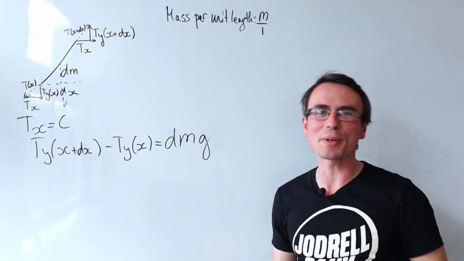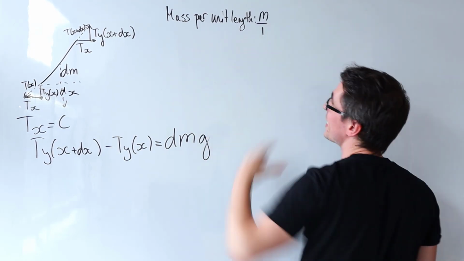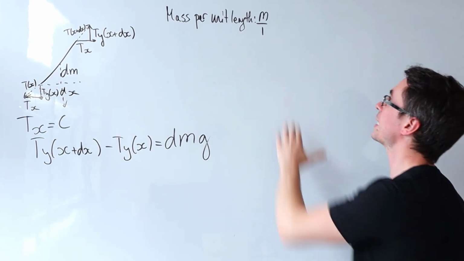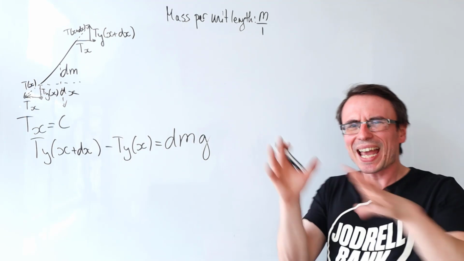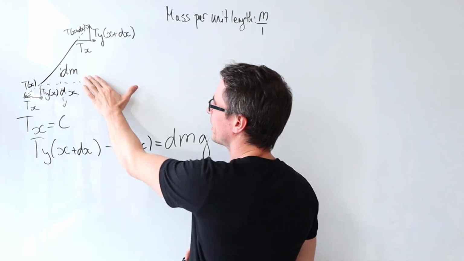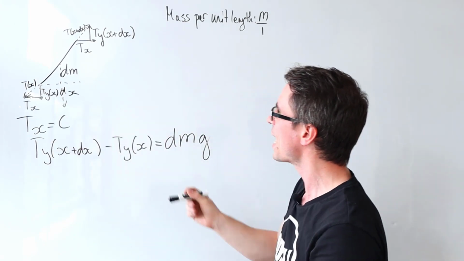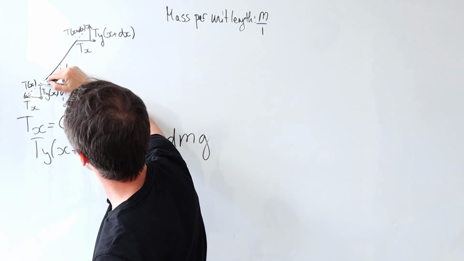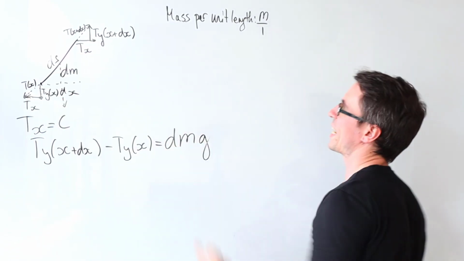And now let's do some mathematical trickery. So let's consider the mass per unit length, which is M, the mass of the entire chain, divided by L, which is just its length. Well, can we express the mass dm in terms of its length? Given that it's essentially an arc, I'm going to call the arc length from here to here ds.